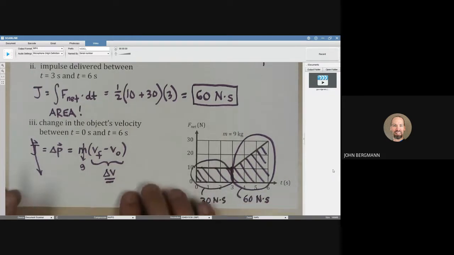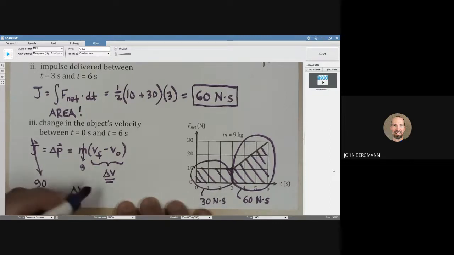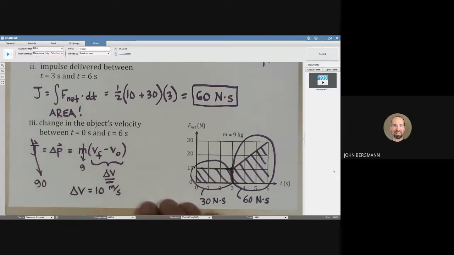So the total impulse is going to be 90 Newton seconds. So 90 equals 9 times delta V. What's delta V? We can do that in our head. 10 meters per second. That's how much its speed has changed by. We're not told the speed it started at or the speed it ended at. All we know is that its speed will have changed by 10 meters per second in that amount of time.